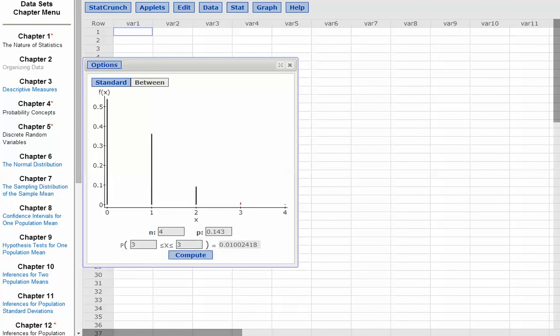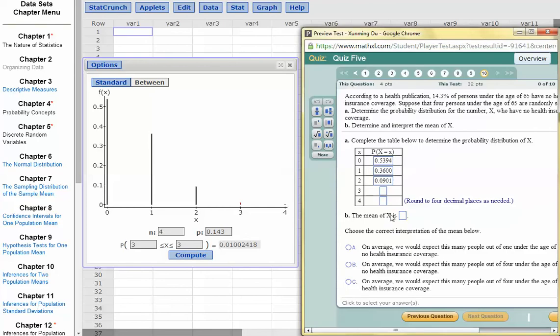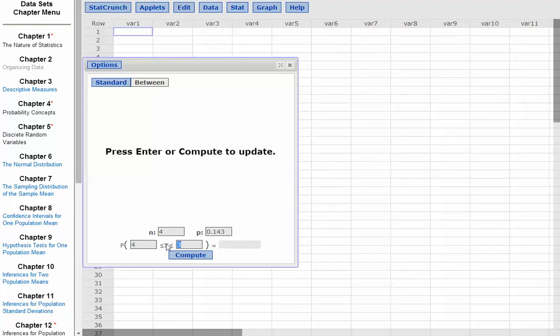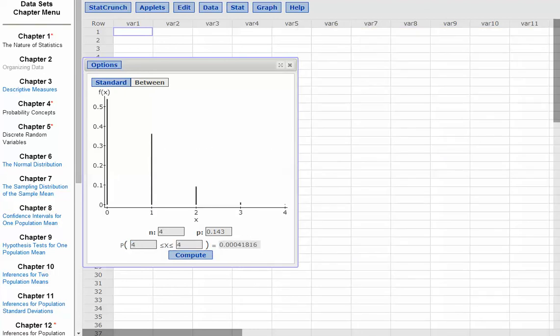Compute. And then you have the answer 0.00100. You drop these 2 zeros.